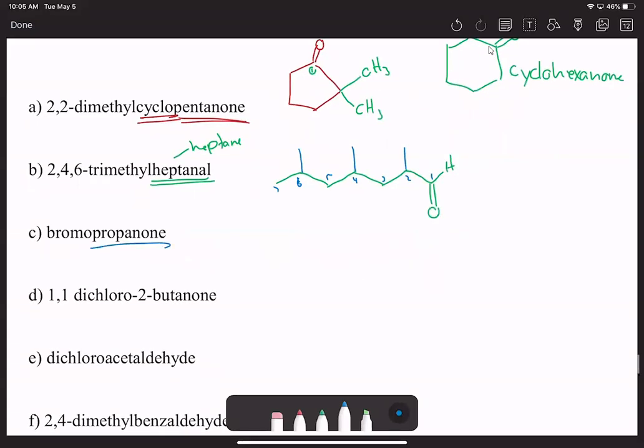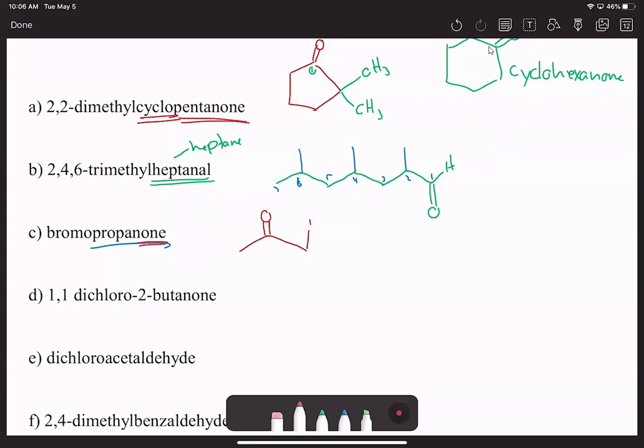Here is bromopropanone. Let me draw propane first. So I've drawn propane. And now, because of the ONE, I know it's a ketone, and the ketone is simply a carbonyl. So here is my carbonyl. And let me see, we have bromopropanone.